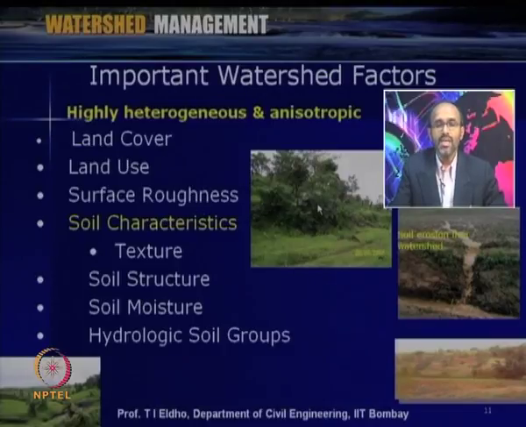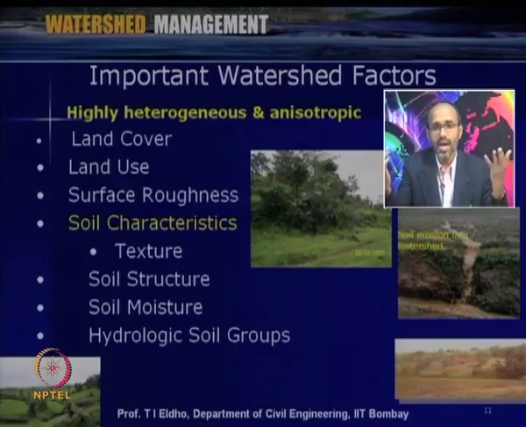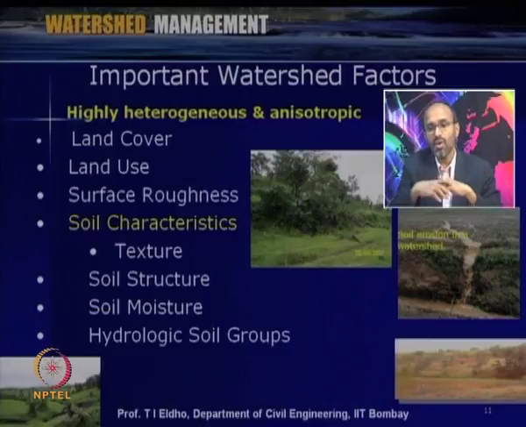Especially when we go for watershed modeling, one of the important aspects in scientific modeling that we have to consider is the roughness of the area. When we are transforming rainfall to runoff, there are various hydrological processes we have to consider. When we go for physical modeling, the runoff depends upon the roughness of the watershed. This roughness can vary according to parameters like land cover, land use, and the type of soil.